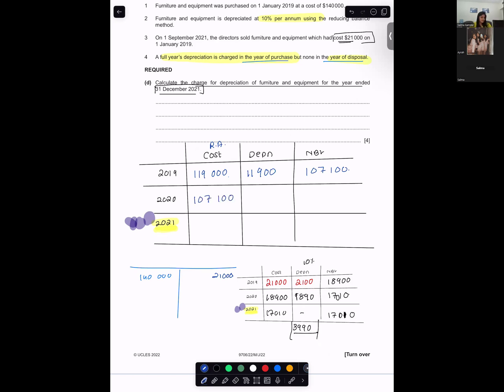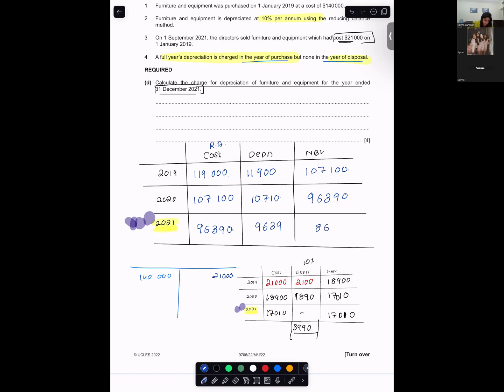For 2020, 10,710. Net book value is 96,390. For 2021, 9,639.